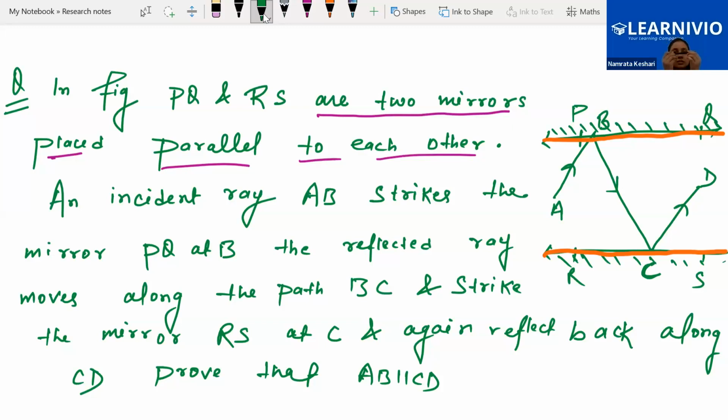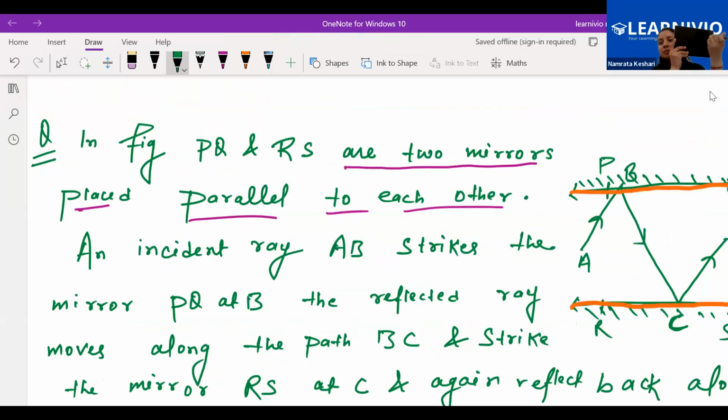Incident ray means if this is the mirror, a ray is striking on that. A ray is coming from a source and it is striking on the mirror like this. That's called incident ray. Incident ray AB strikes the mirror PQ.